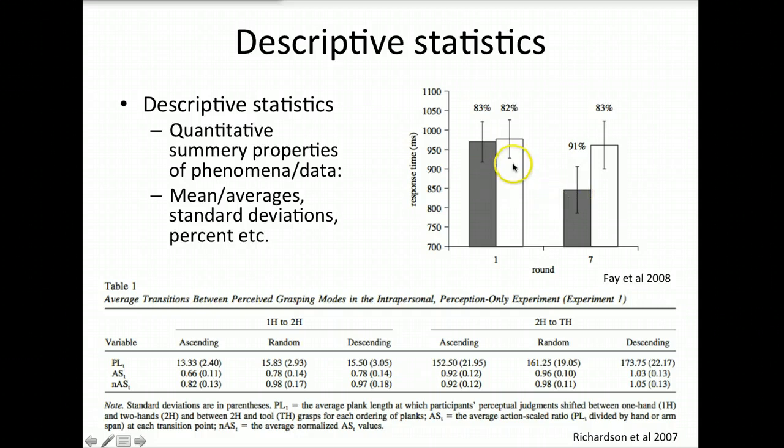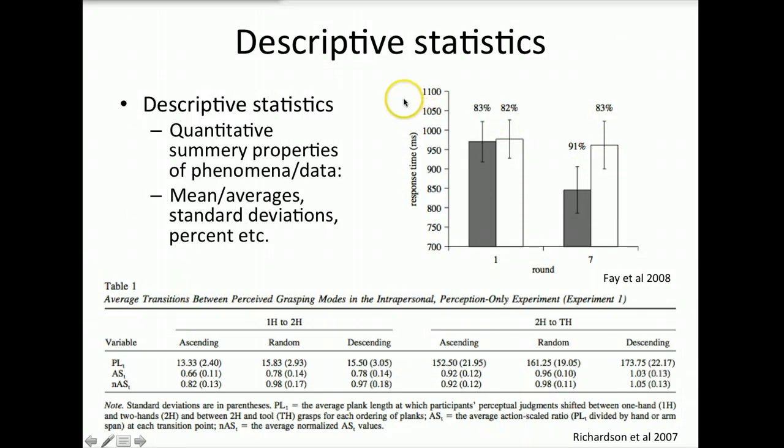We see that for the isolated pair evolved signs, we don't have the same kind of drop in reaction time. It's kind of stable from round 1 to round 7. We also provided some accuracy scores here, and we noticed that people tend to become more accurate when they are presented with signs from round 7 than when they were presented with signs from round 1.